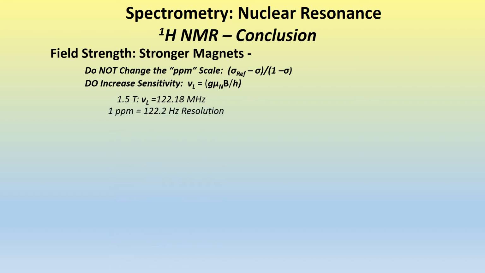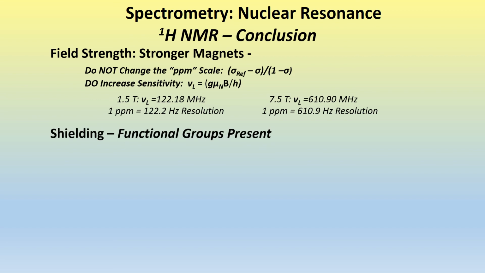Therefore, a 1 part per million difference in spacing gives a resolution of 122 hertz. A larger magnet at 7.5 Tesla will give a Larmor frequency of 610.9 megahertz, and a 1 ppm difference is now 611 hertz, or approximately 5 times more sensitive.